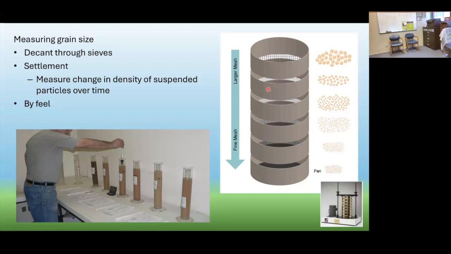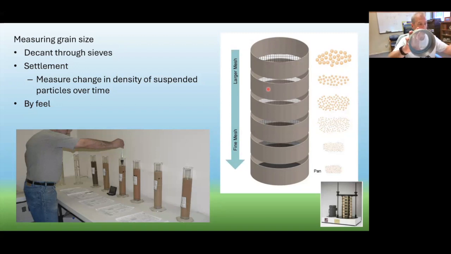In fact, I happen to have here a sieve set, right? Let me get it in the picture. There we go. This is a sieve set, and the sieves have different screen sizes in them as you go further down. The screen sizes get smaller and smaller.